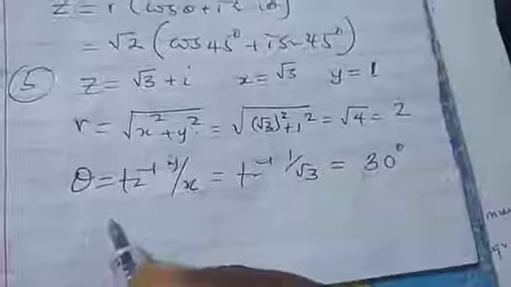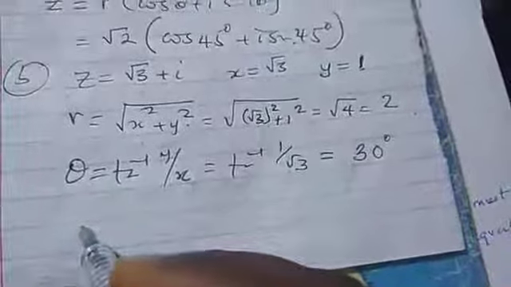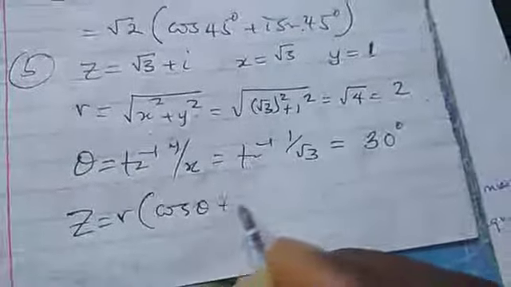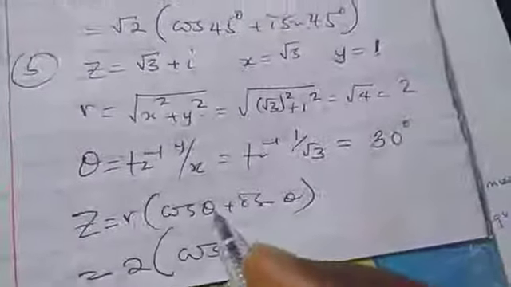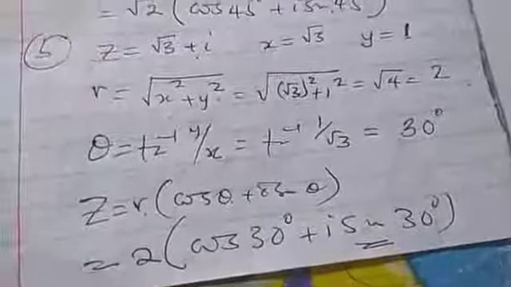So in this case, we can conclude that our answer is r into cos theta plus i sin theta, and our r is 2 into cos 30 degrees plus i sin 30 degrees. So we have expressed this in terms of polar coordinates.